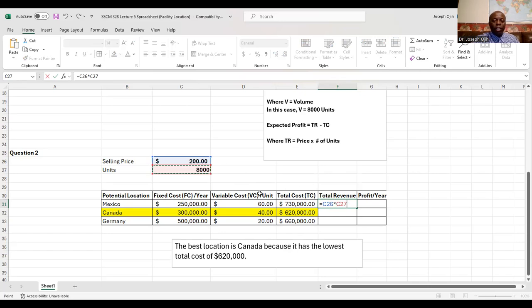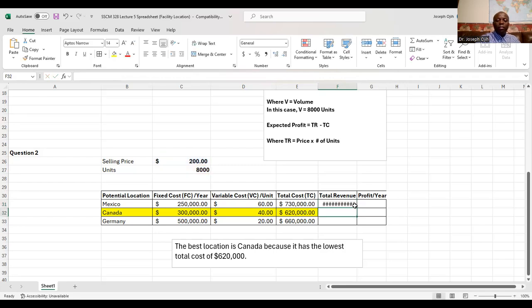Now to make sure that it multiplies 200 times 8,000 for all of them, you just put the dollar sign in front of C and the dollar sign in front of 26, and do the same thing for units. Dollar sign here, that will fix the units. Dollar sign here as well. Then press the enter key.